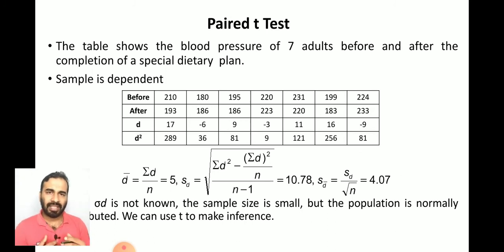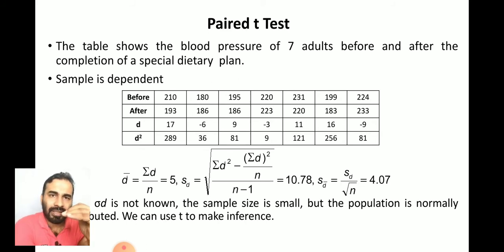Now we are coming to an example question. The table shows the blood pressure of 7 adults before and after the completion of a special dietary plan.